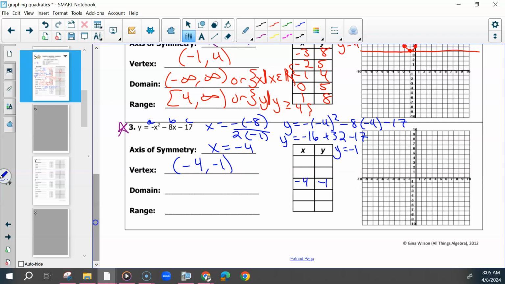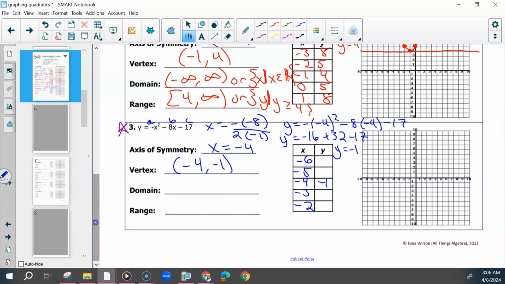Go ahead and fill out the rest of the x values. Put that equation into your y equals, and then find our y values.